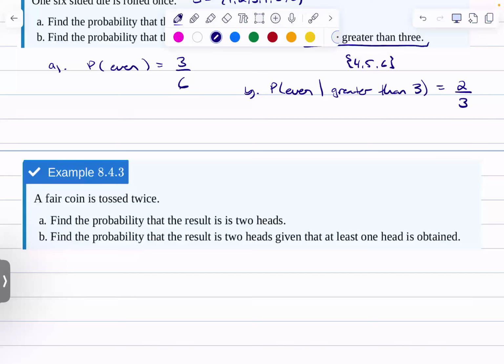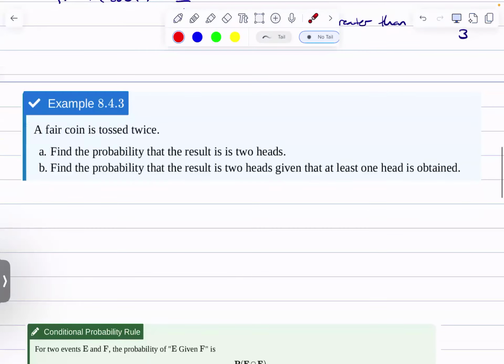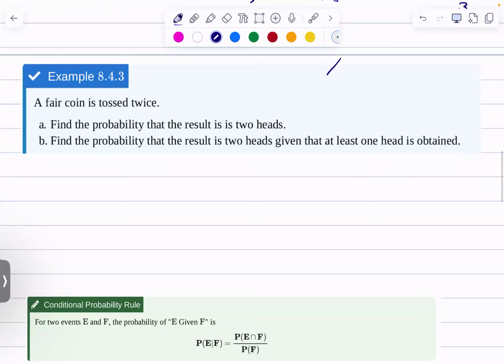Same thing. Toss a coin. A fair coin is tossed twice. Find the probability that the result is 2 heads, right? And so you can make a tree, right? Heads or tails, heads or tails. You're only tossing it twice, so it's kind of a simple tree. I'll just do a mini version here. Heads, tails, heads, tails, heads, tails, right? That's 2 tosses.